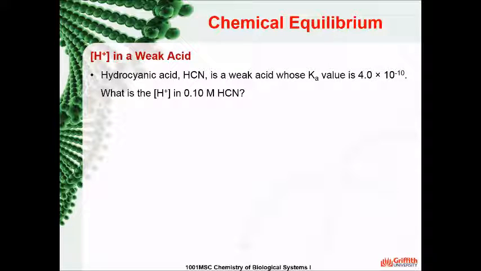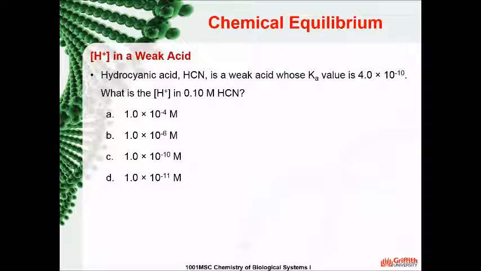Hydrocyanic acid, or HCN, is a weak acid whose Ka value is 4 times 10 to the negative 10. What is the concentration of hydroxide ions in 0.1 molar HCN?